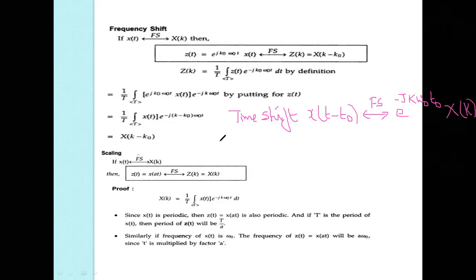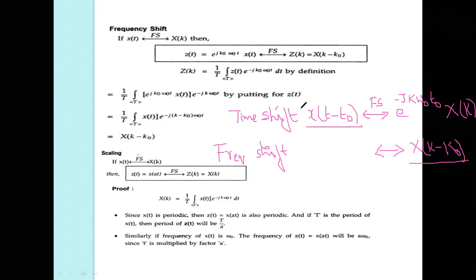Alright. In the frequency shift, frequency shift means shifting occurs in the frequency, so x of k minus k naught, my dear students. In the time shift case, the time is shifted with the t naught samples. In this case, frequency is shifted with the k naught samples.